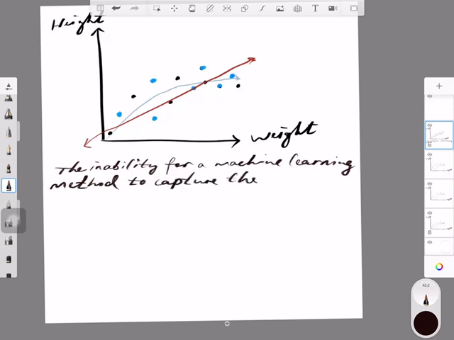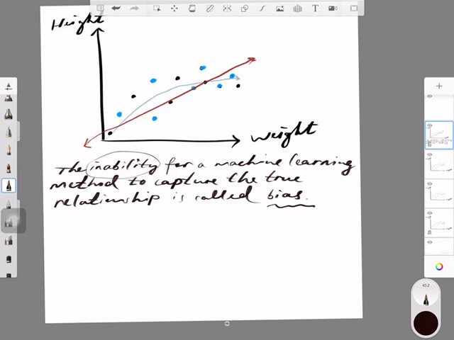I'll write it here. Bias is the inability for a machine learning method, in this case linear regression, to capture the true relationship.